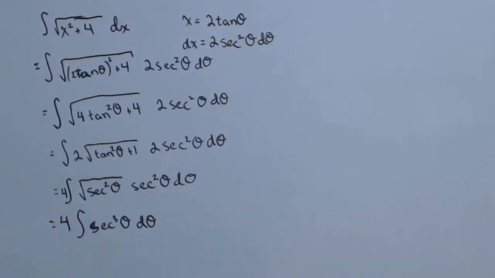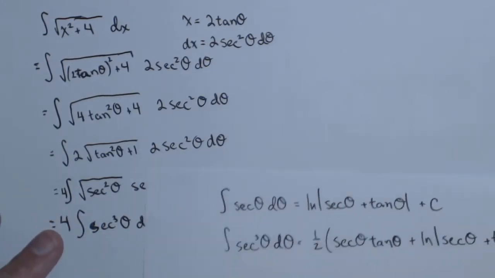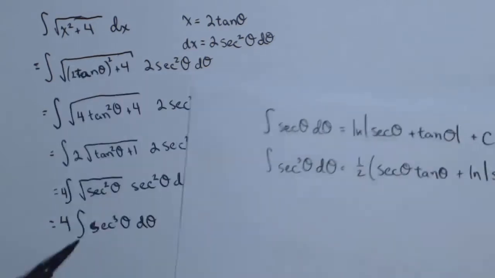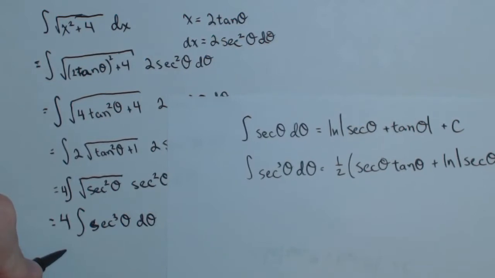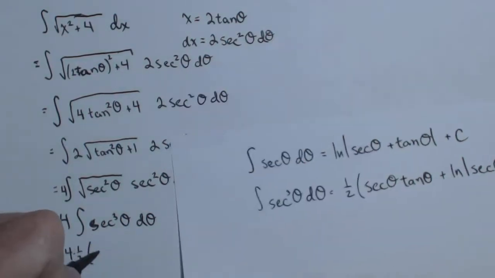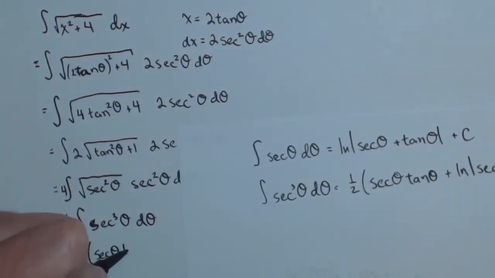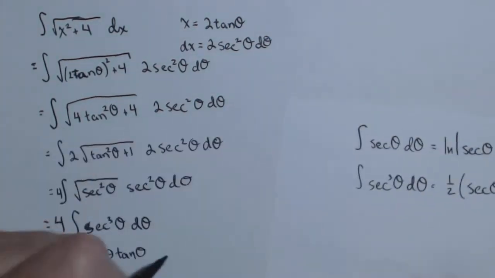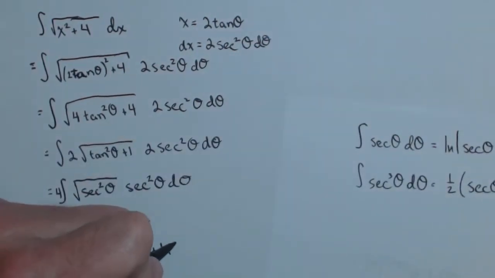So let's use our rule here. So secant cubed theta is 1/2. So we're going to have 4 times 1/2 times secant theta tangent theta plus ln of secant theta plus tangent theta.